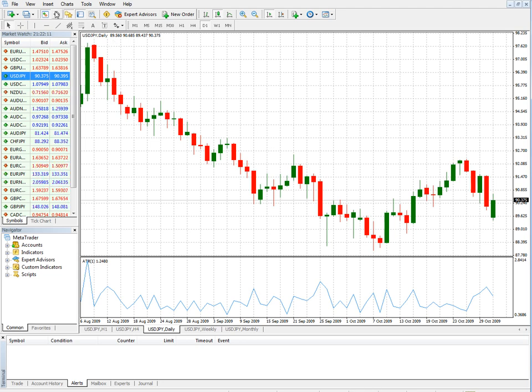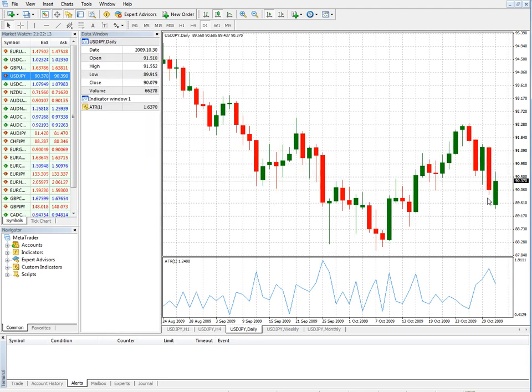Daily, let's see what things look like. Japanese yen really can really get moving. Don't see any particular pattern that we may be interested in here.